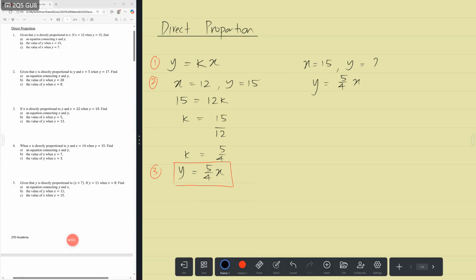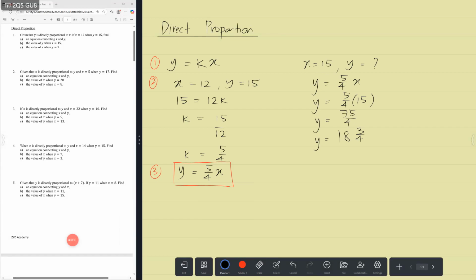In this case, x is given as 15. Therefore, y equals 5 over 4 bracket 15. Using your calculator, you will get 75 over 4. Put this into a mixed fraction and you will get 18 and 3 over 4. So this is your part B. What's the value of y when x equals 15?